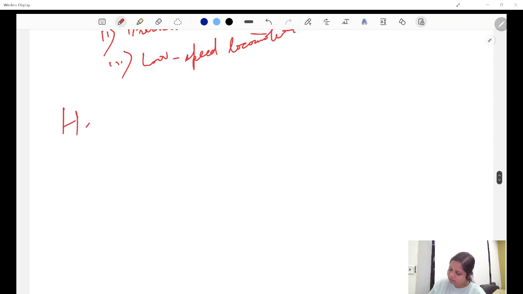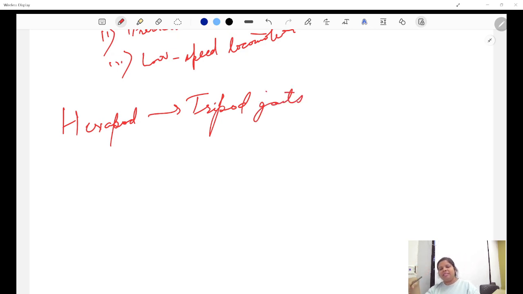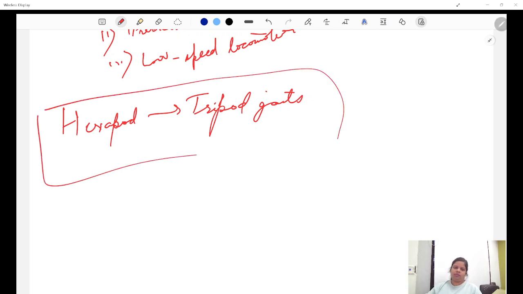This is an interesting fact. They use this tripod gait, which means they have 3 legs in the air and 3 legs on the ground. But quadrupeds use wave gait always to ensure that 3 legs remain on the ground. Okay? I hope this question is clear. Then let's move to the next question.